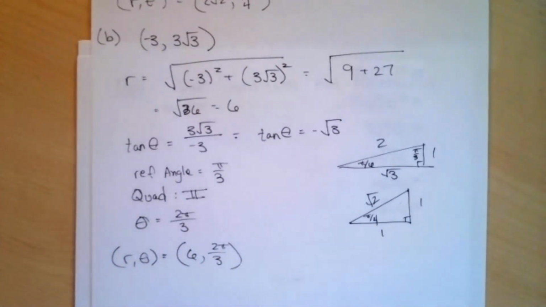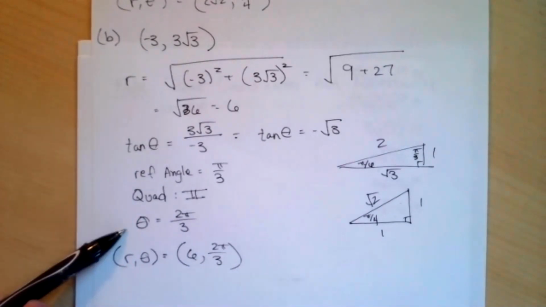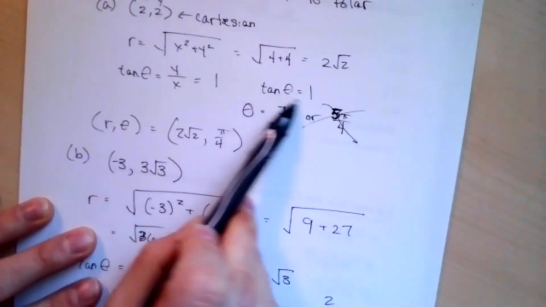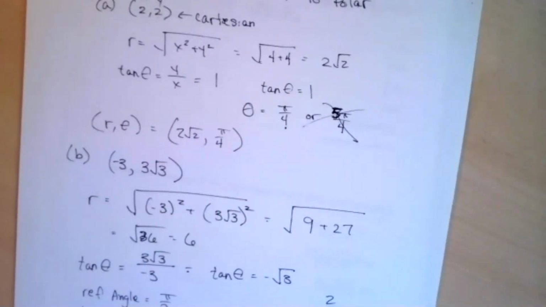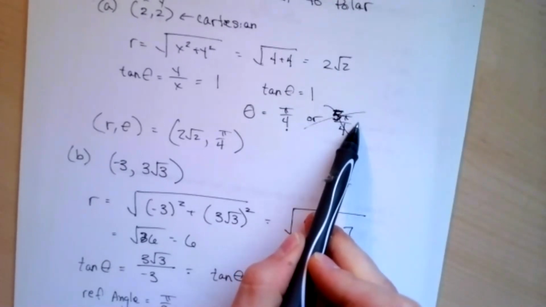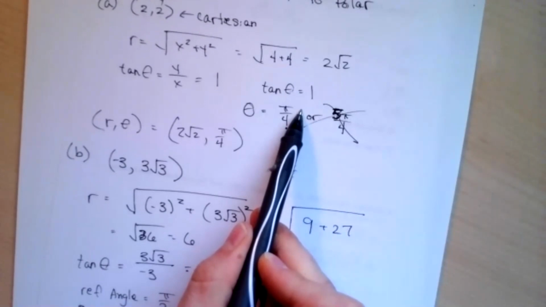So just like in the unit circle, when we're solving these trig values, I didn't really find all of the values for this equation. Tangent of theta equals 1. Pi over 4 is our initial value between 0 and 2 pi. And of course, we found the other ones and realized it was in the wrong coordinate. But I could add multiples of 2 pi to these values of theta.